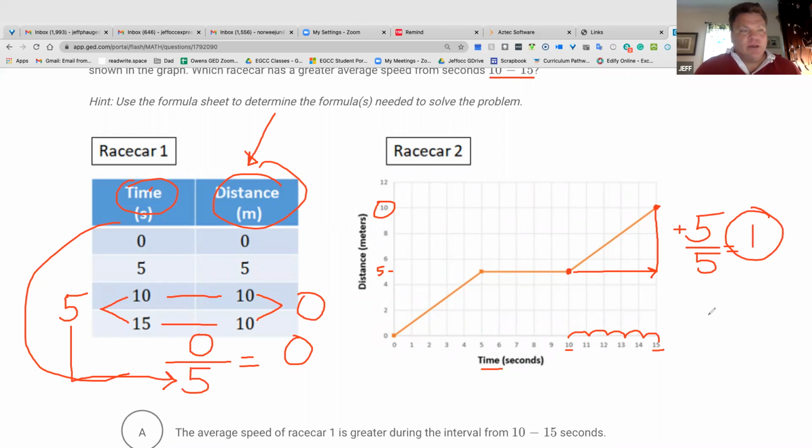And really that just means for every second it went 1 meter. So we could just compare these two: 5/5 over 0/5. Which one was faster? Race car 2. These are such dumb questions. But if we become very calm and just go, okay, they're giving us all this information.